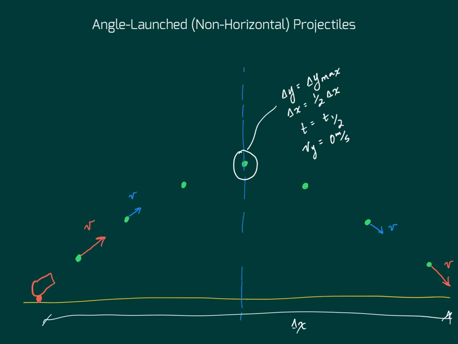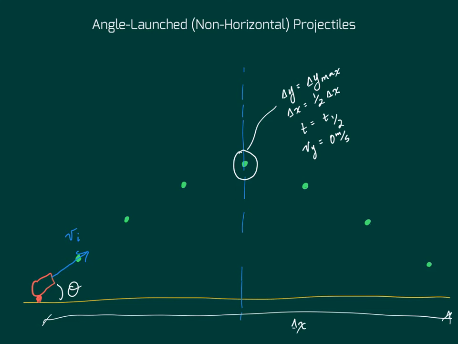One other really important thing that we need to know with angle-launched projectiles is that we now have components of our initial velocity. When we were dealing with horizontally launched projectiles, all we had was an initial horizontal velocity. But now, I'll just give you some initial velocity, and we know that that projectile is being shot at some angle theta.